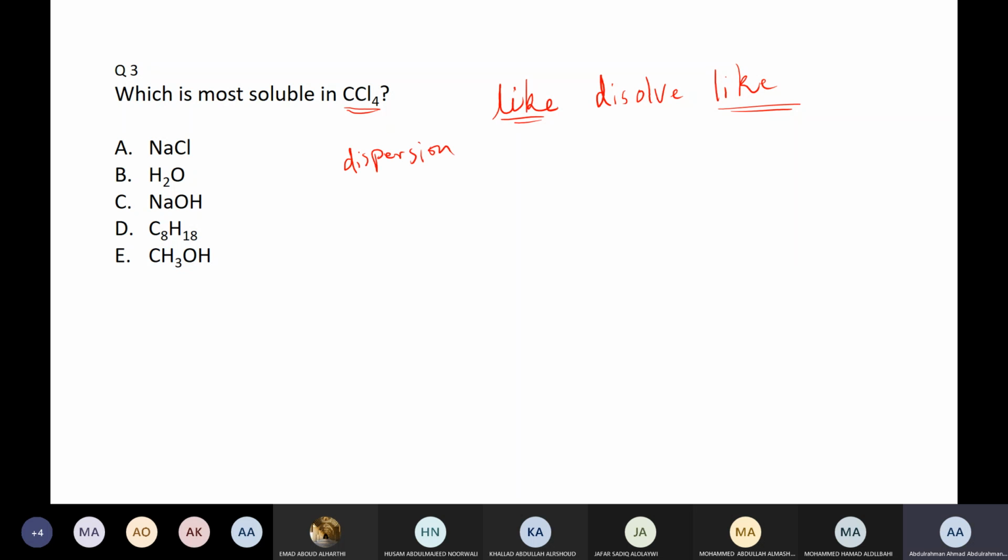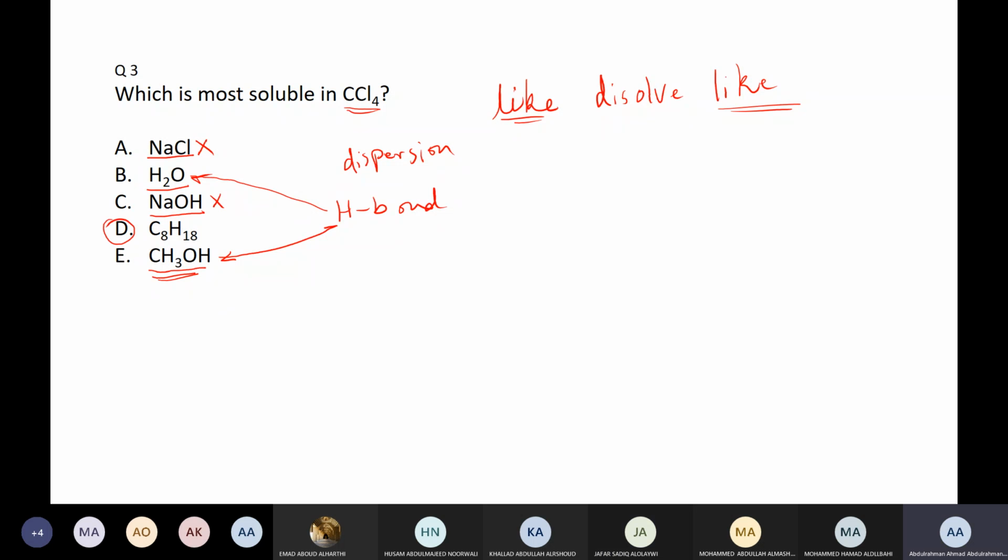Only dispersion. Ionic compound, is it going to dissolve? No way. How about this one? Ionic compound, no way. How about this one? Maybe, but very slightly. Why? Because what's the main force here? Dipole. H bond. Hydrogen bond. What's the main force in this one? E. Hydrogen bond. Also hydrogen bond. So how about D?